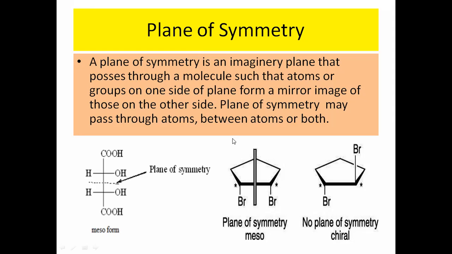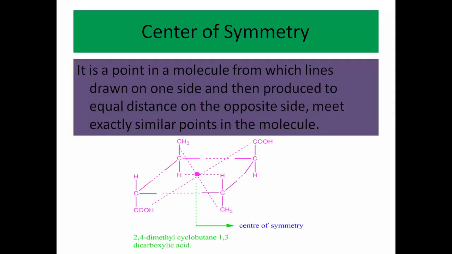Next one is center of symmetry. The center of symmetry here is the example. So see the substituents: this carbon has the substituents CH3 and H. Then this carbon has H and COOH.